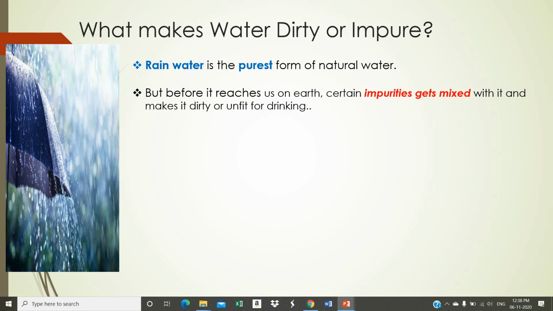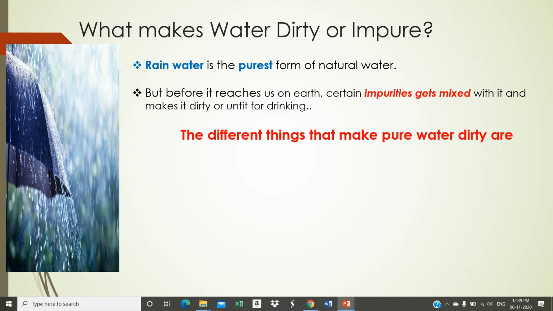Why? Because although rainwater is the purest form of water, when it comes down to us, it gets mixed with some impurities. And these impurities make the water dirty or unfit for drinking.